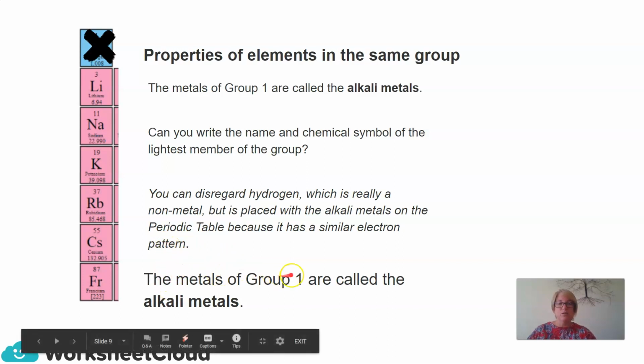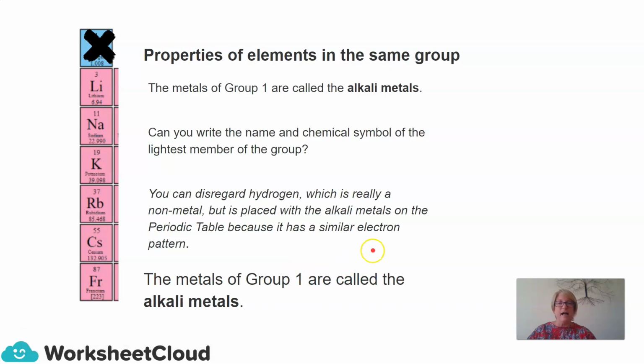So the metals of group 1 are known as alkali metals. Remember, you only need to learn the first 20 elements for grade 9, so you will only really need to focus on lithium, sodium, and potassium.